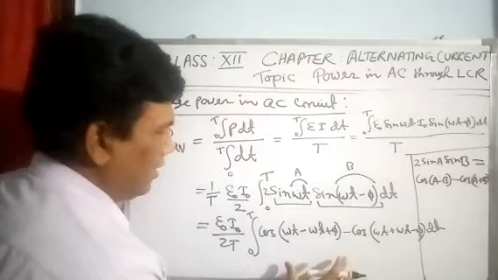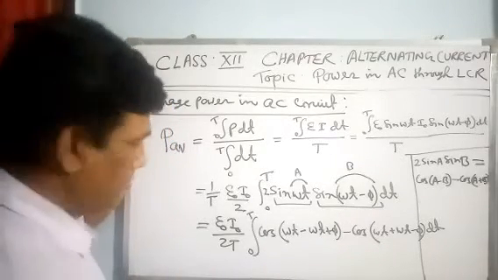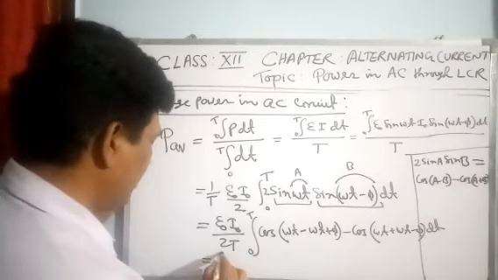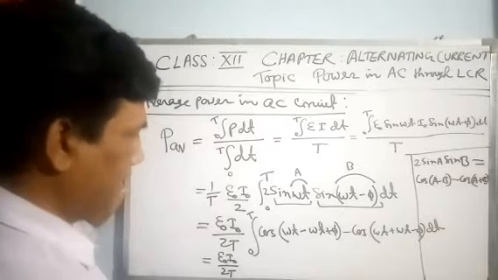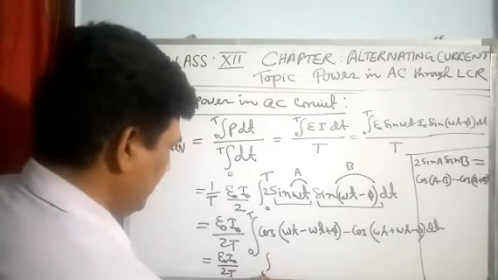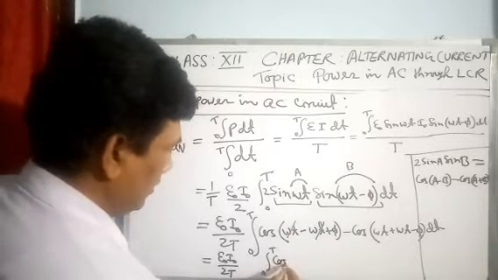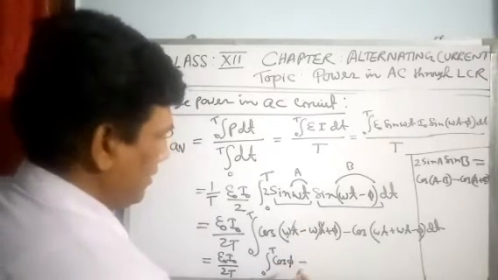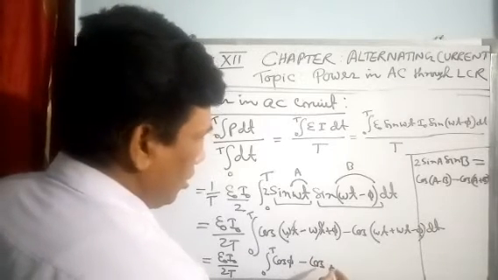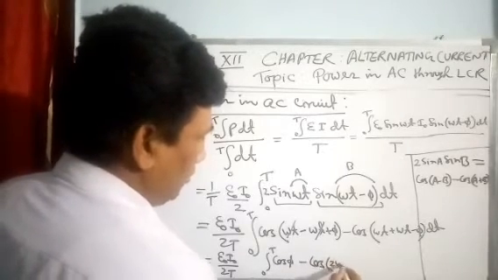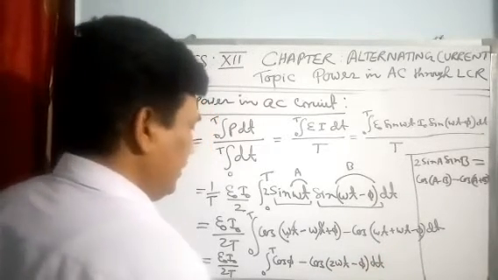You can do this integration yourself, no problem. You can pause and try to find out whatever I am getting. It will be from 0 to T, cos phi only, so it will be cos phi minus cos(2 omega t minus phi) dt.